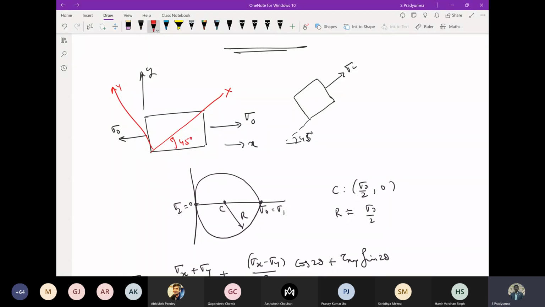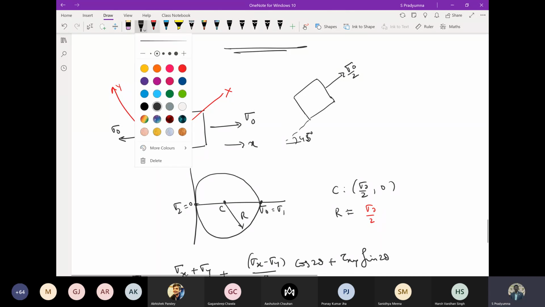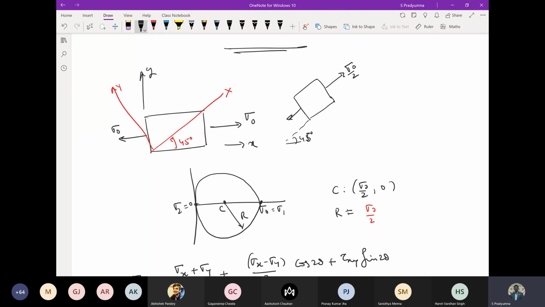I have this is sigma naught by 2. This is also sigma naught by 2. This is sigma naught by 2.